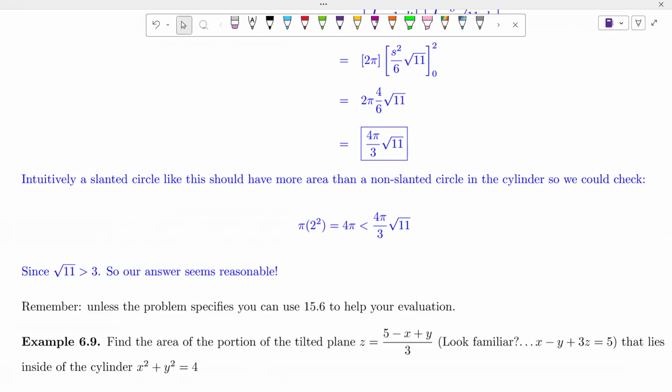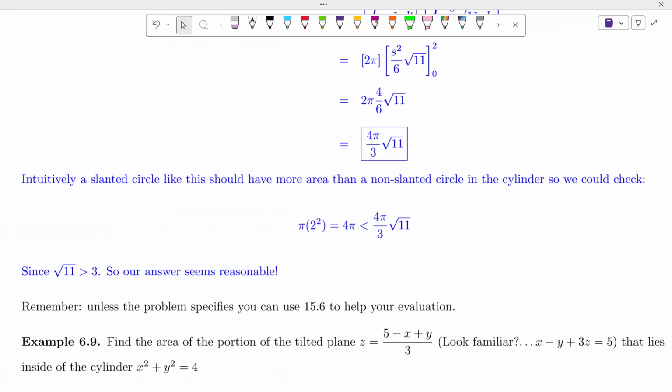Since that circle is being tilted and stretched, I would expect its area to be larger than the area of the circle that it started from. So I think that the area of the projection of the circle back into the tilted plane should be more than 4 pi, since that would be the area of the circle just in the flat xy plane.